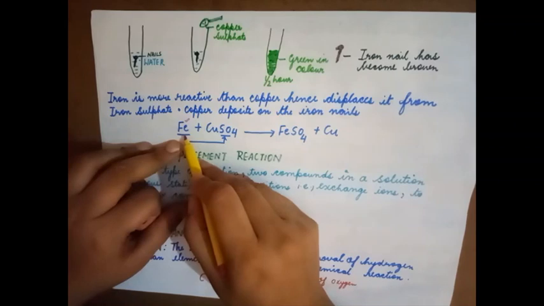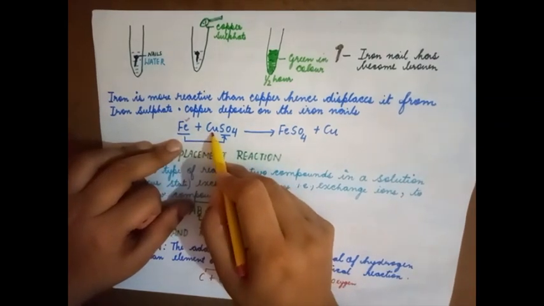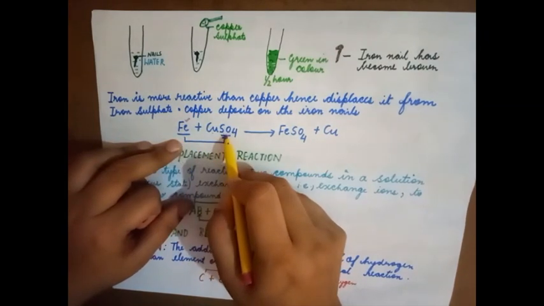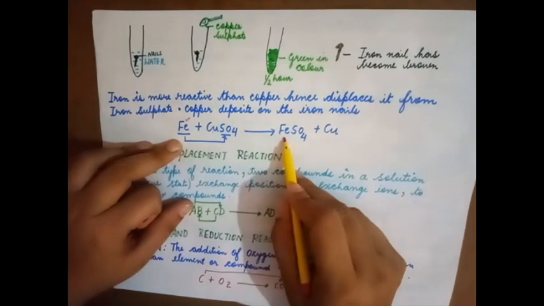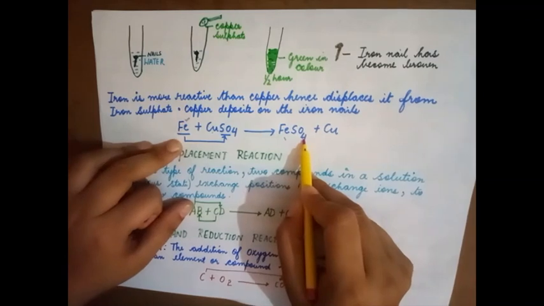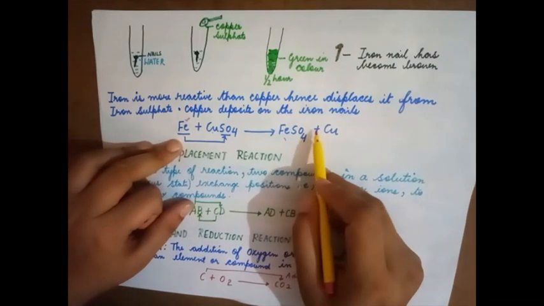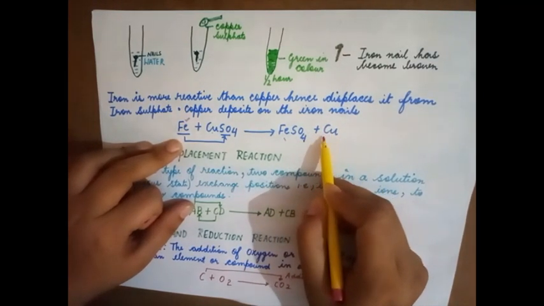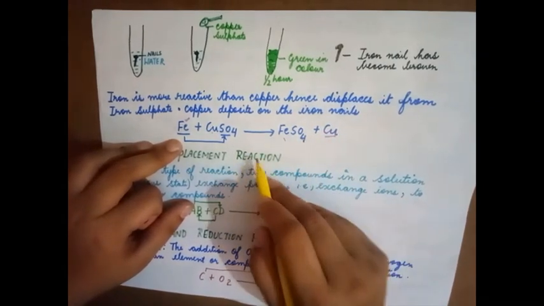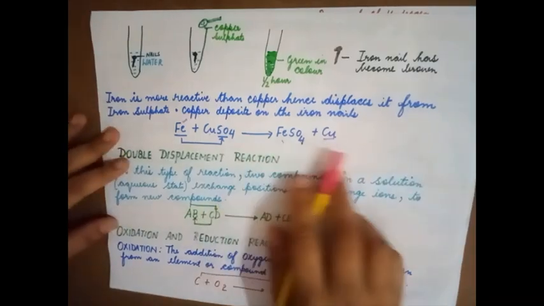So iron is highly reactive, whereas copper is less reactive when compared to iron. So what is happening? Iron will go and attach to this sulfate ion, and it forms ferrous sulfate or iron sulfate. And it displaces copper. Copper is less reactive, so it is displaced. This is your single displacement reaction.